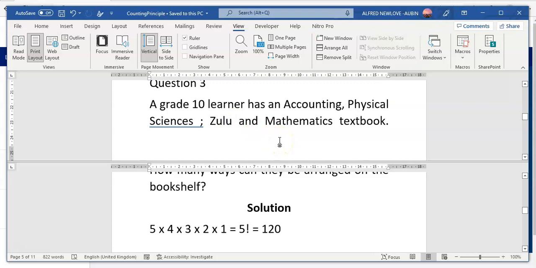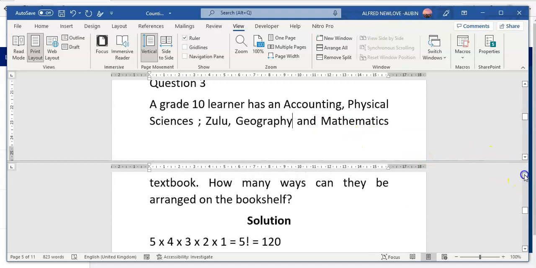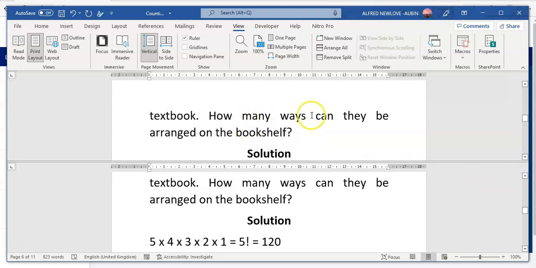So let me use geography. Okay, so we have 1, 2, physical sciences is 1, so 1, 2, 3, 4, 5. So 5 books. And the question is saying how many ways can they be arranged on the shelf?